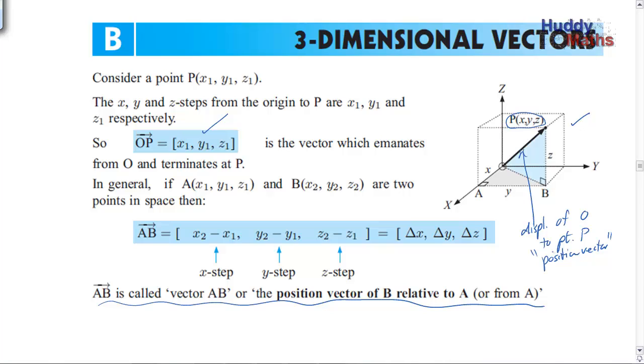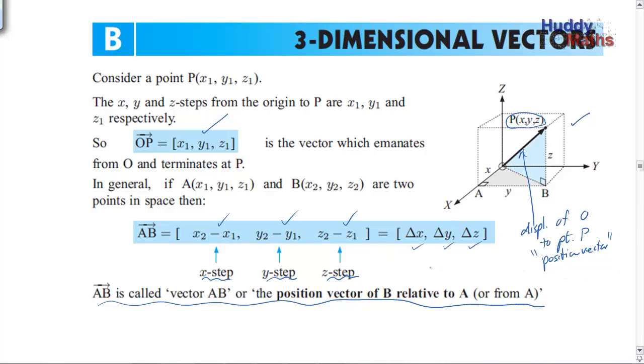So OP is position vector of point P, and you're going to get the x's, subtract them, the y's, and the z's. What you're trying to do is to describe in 3D land how you got to the point, how you displace the point from the origin. Okay, delta x, delta y, delta z.